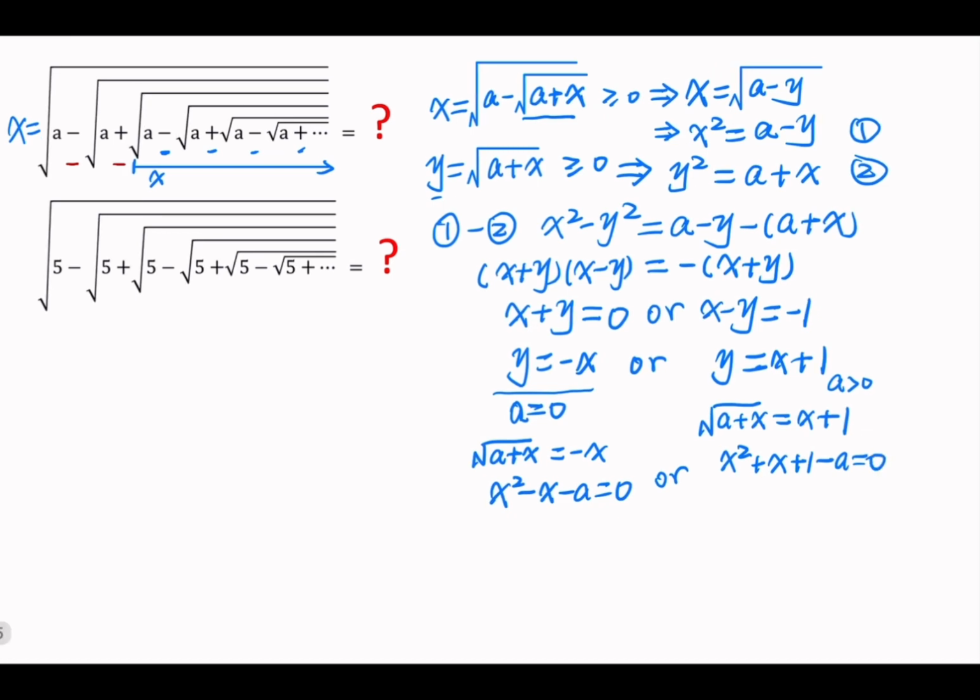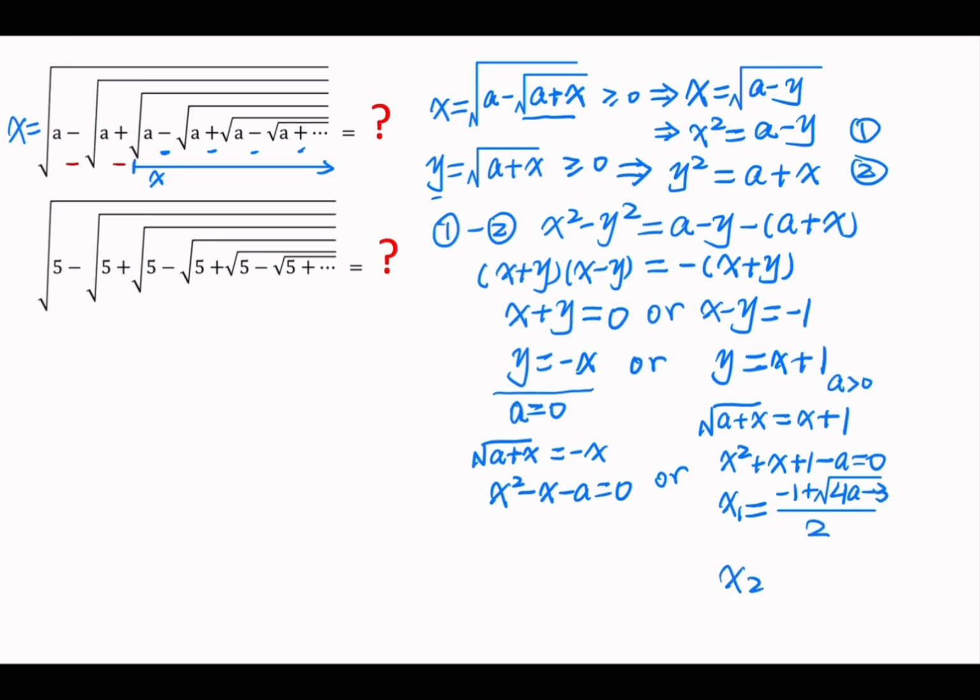So this equation also has two roots here. x1 equals negative 1 plus square root of 4a minus 3, over 2.